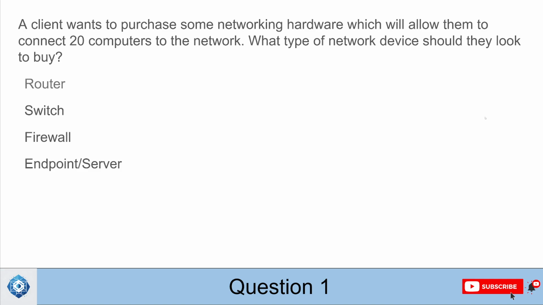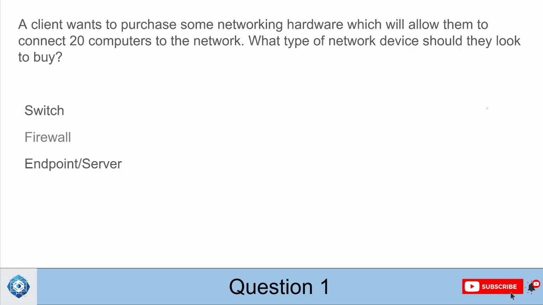So first off, we can go ahead and eliminate a router. If you remember from the past video, a router is what's going to allow different networks to communicate with each other, not necessarily networks or computers within the same building. Of course, you can get more advanced and use routers for this, but at this simple question here, we're just looking to connect 20 computers on the same network to that network.